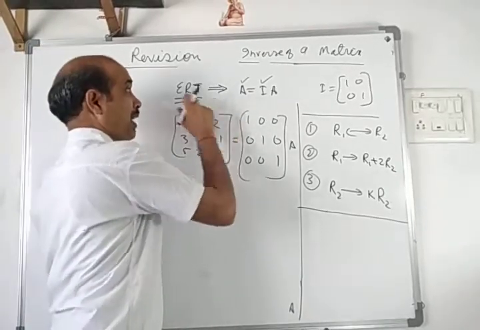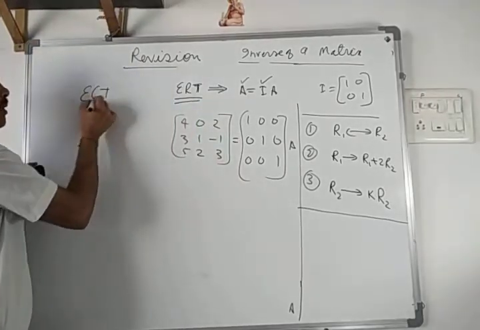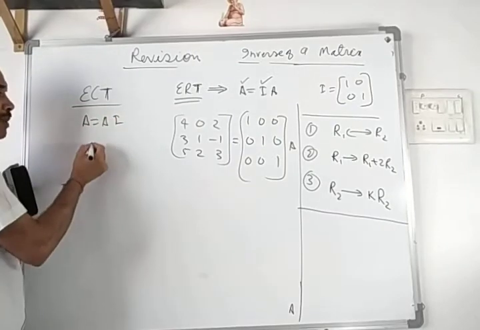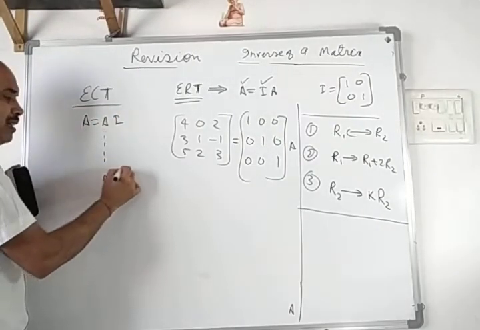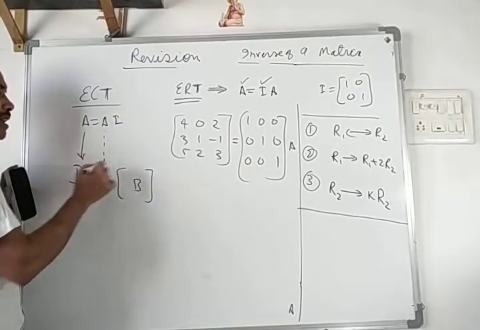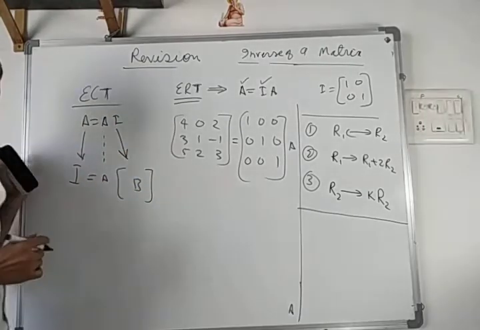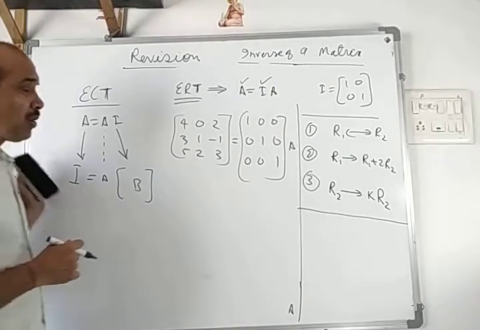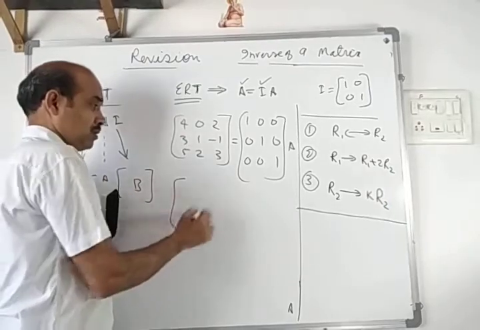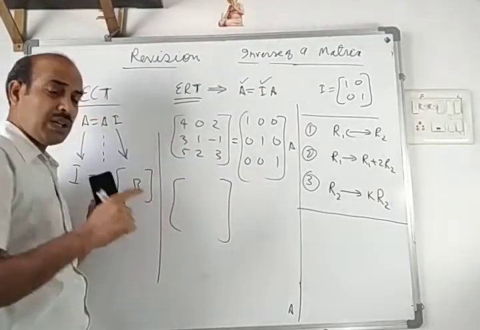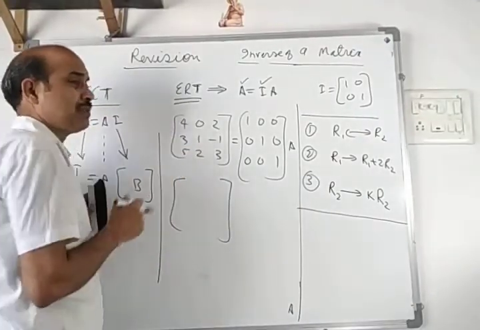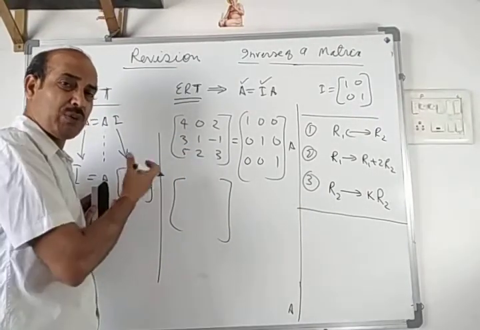And when you are applying elementary column transformations, you have to write A equal to A into I. A will be in the beginning and this will be as it is. This I will be changed as B and this will be changed as identity matrix. You must remember this. Now we have to change this as 1. You can subtract R2 from R1, then also it will be 1 over here.